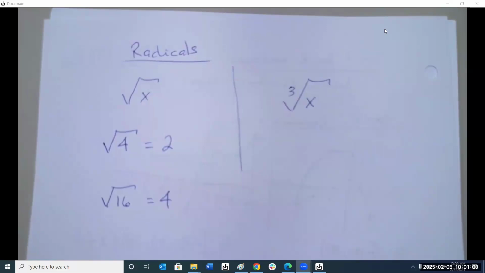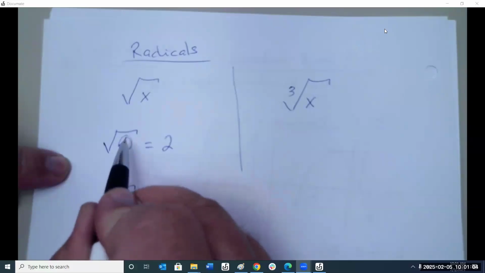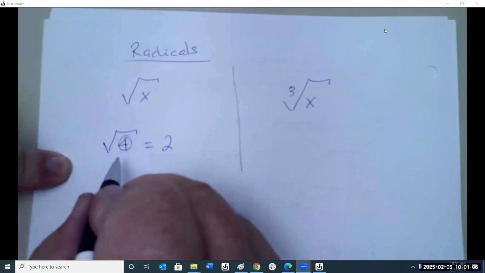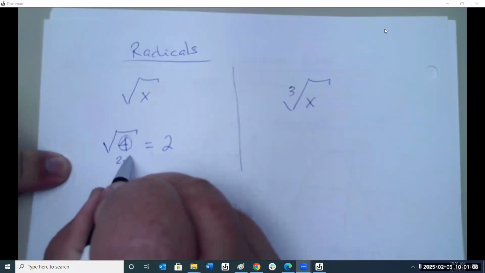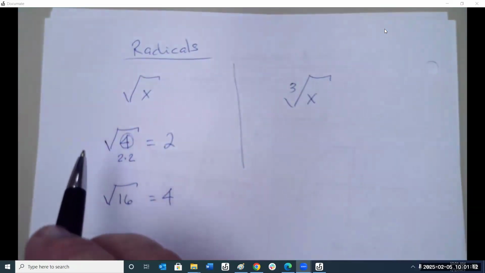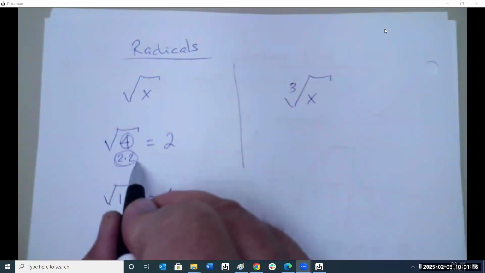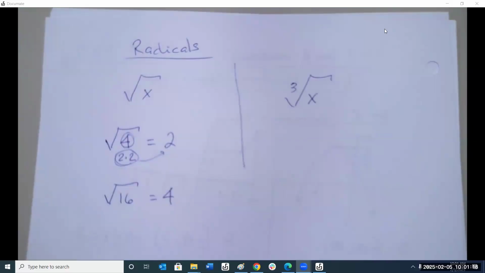Anybody know why? Yes. So inside here, 4 is made up of 2 times 2. Since this is a square root, we need 2 of a kind. Once we have 2 of a kind, we take it outside of the radical.